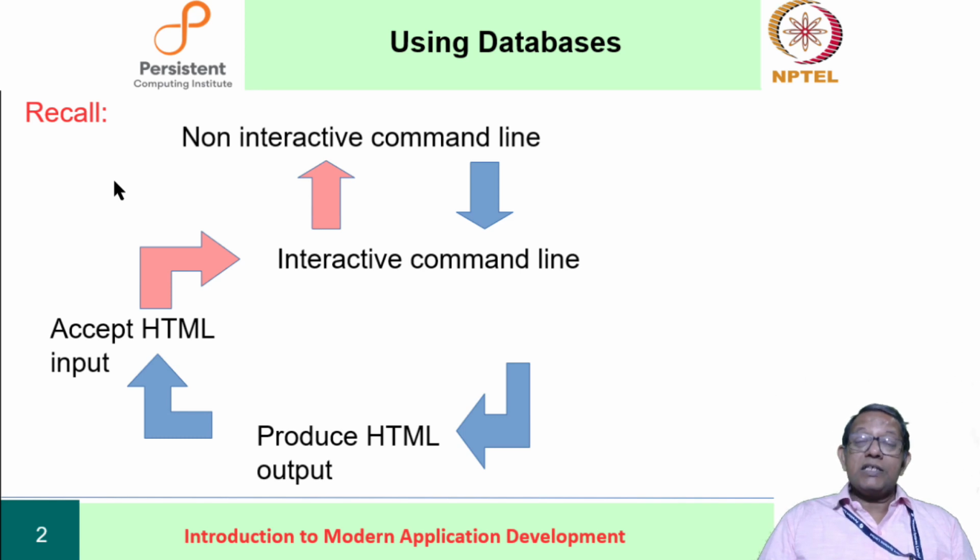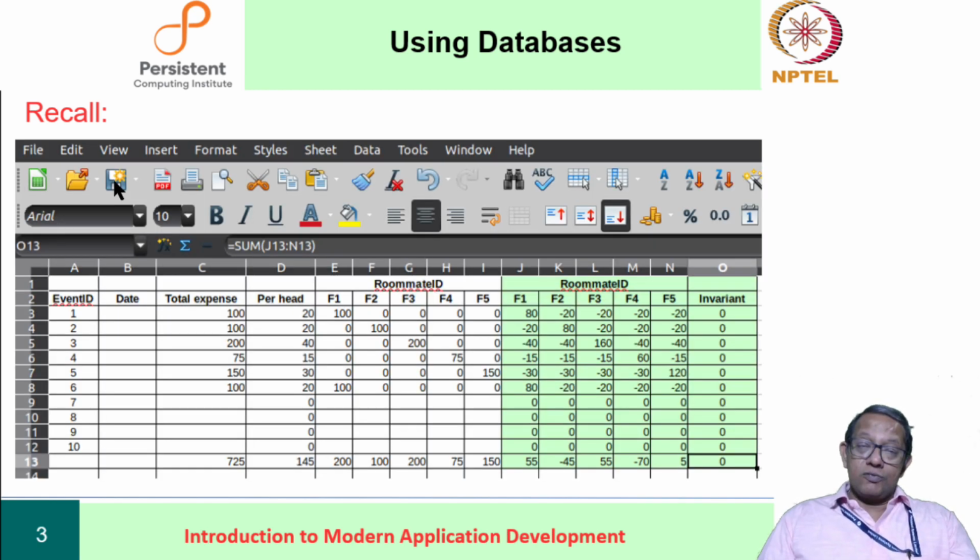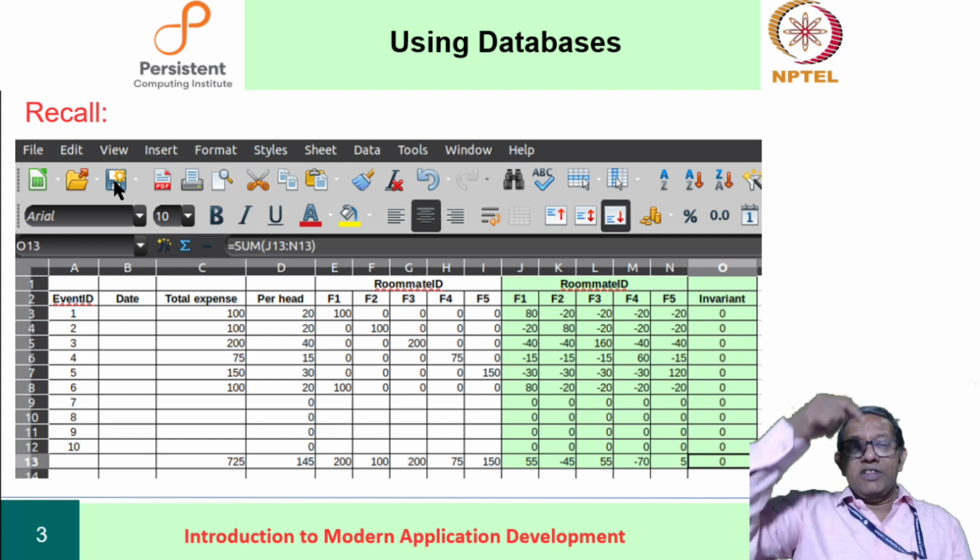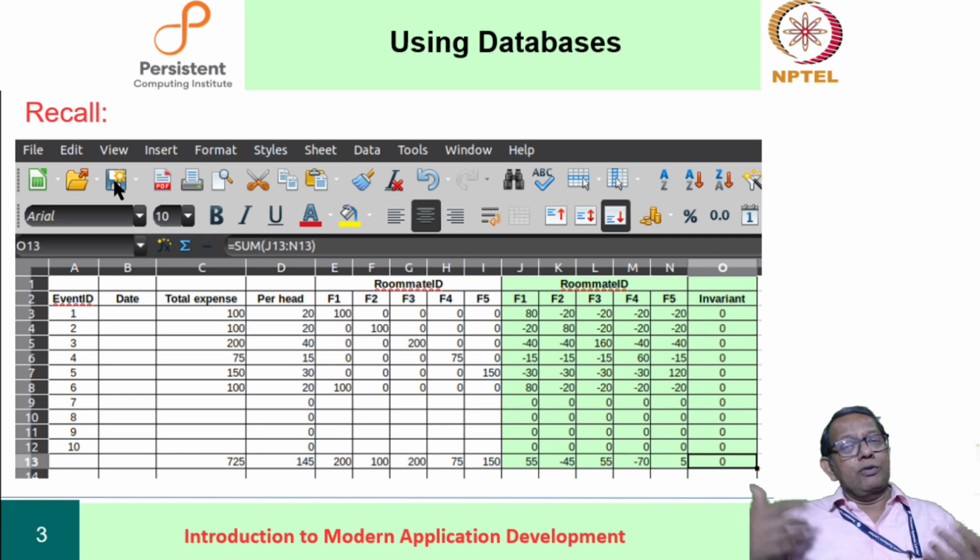In the next few slides, we will again jog our memory a little bit. Here is our first one, the spreadsheet. Observe that it's just laying out data in rows with individual columns talking about individual friends and their expenses or per head share calculations.